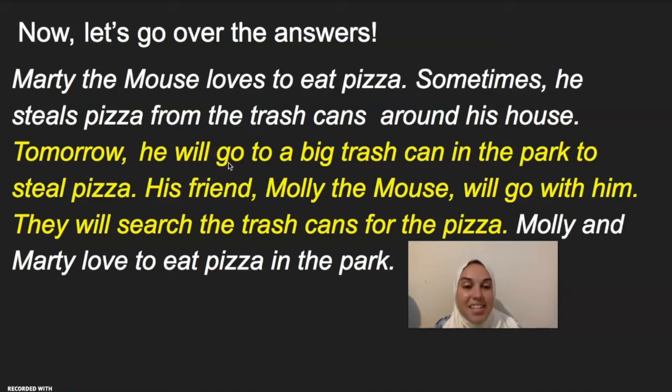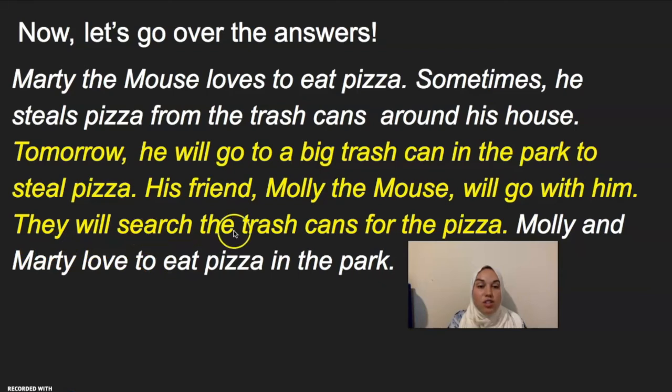This sentence is in the simple future tense. His friend, Molly the mouse, will go with him. Will is our indicating that this has not happened yet, and go is our verb in the infinitive. So Molly the mouse will go with him in the future. This is our second sentence in the future simple tense.